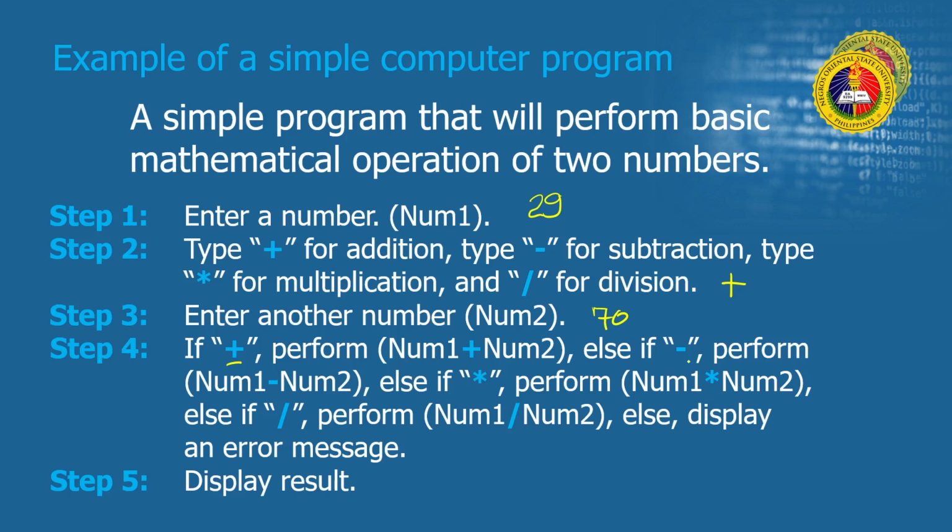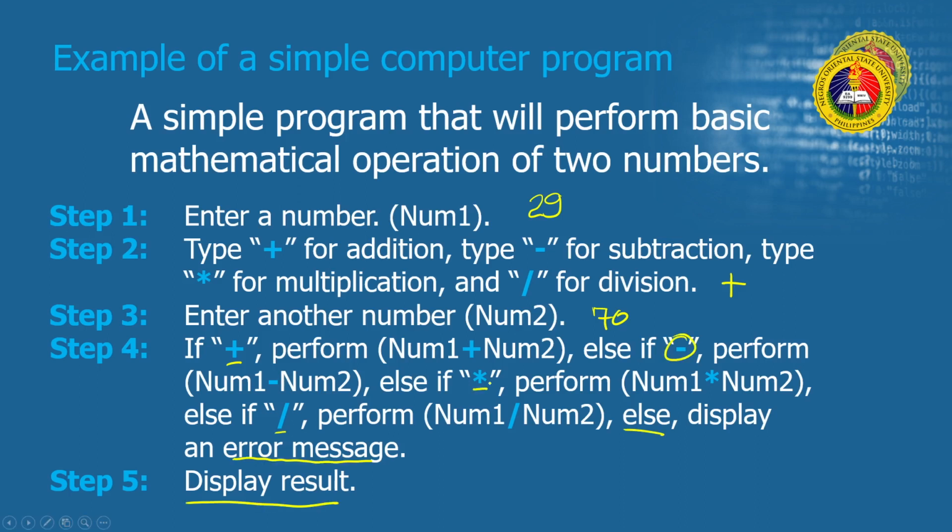However, if ni-enter siya asterisk, then perform number 1, which is 29 times 70. However, if ni-enter siya og slash, perform 29 divided by 70. Pero kung ni-enter siya og any other characters or any other symbols, display an error message. Okay? And then after that, once the computer is able to perform the computation, display the result.